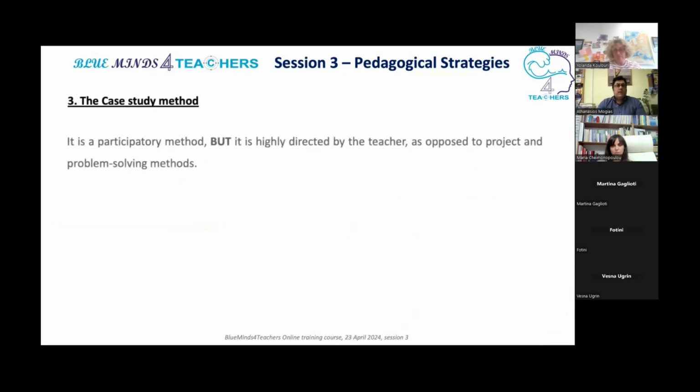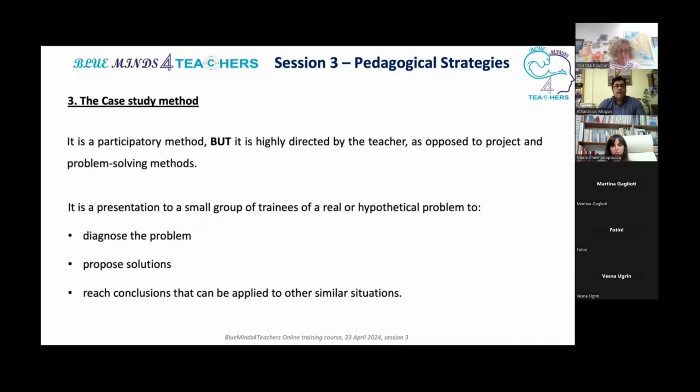Moving on to the next strategy, it is the strategy called case study. The difference between case study and the two strategies we mentioned before is that this one is highly directed by the teacher. This was not the case for problem solving and project method.